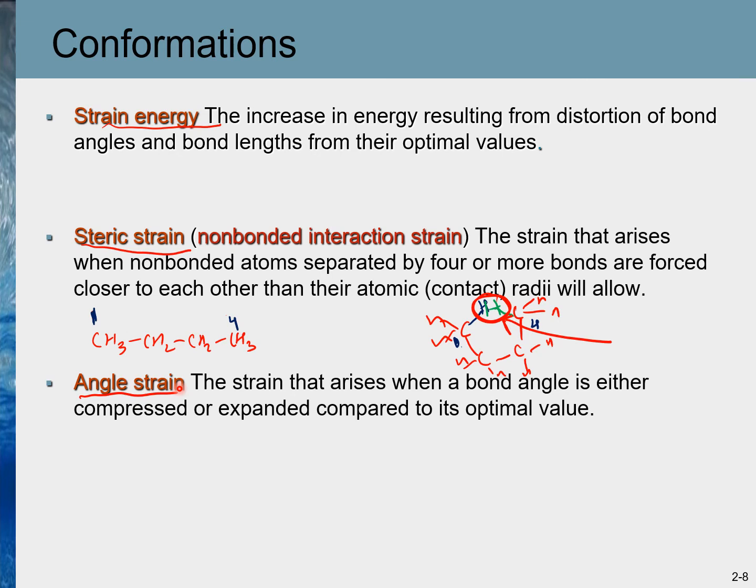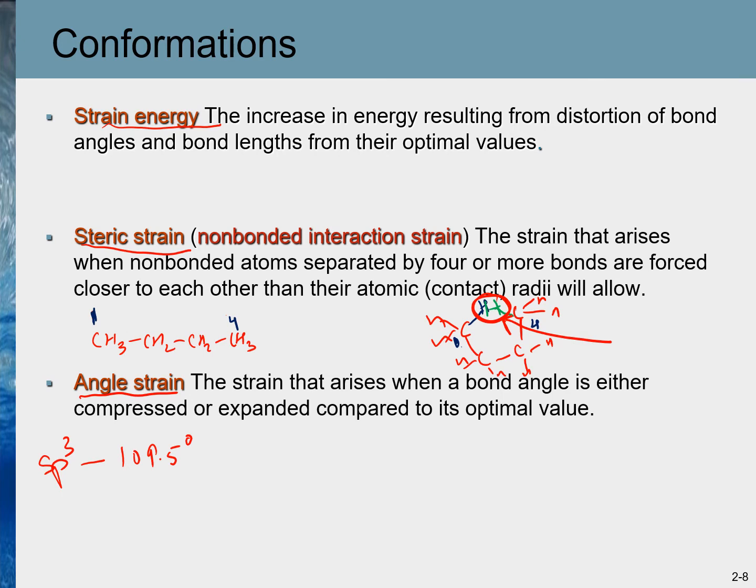Angle strain results when a bond angle in a molecule is either expanded or compressed compared to its optimum value. Now we know that in alkanes, all carbons have sp3 hybridization, and in sp3 hybridization, the optimum angle is 109.5 degrees.